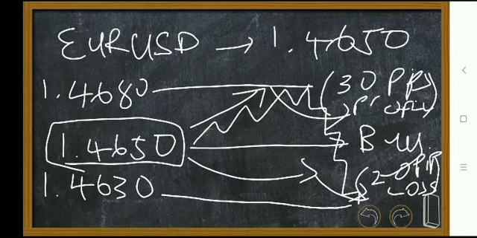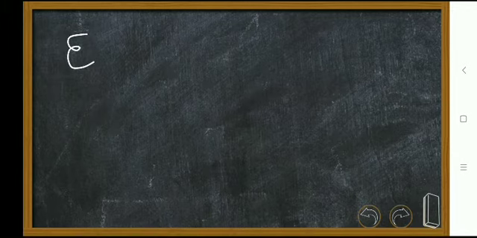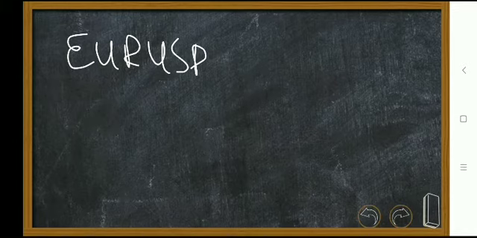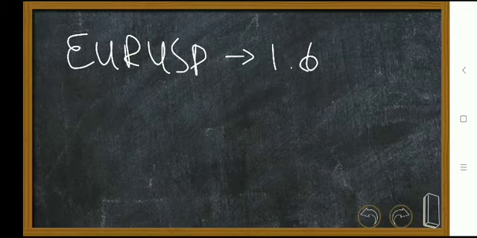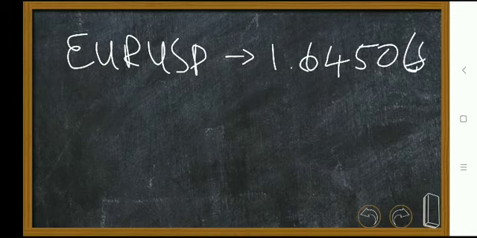So this is the idea of what happens. So let's go to a sell. Sell is the opposite. Remember, you have two options: buy or sell. So it's Euro USD. It's at this price, 1.6450. Then the order is a sell.